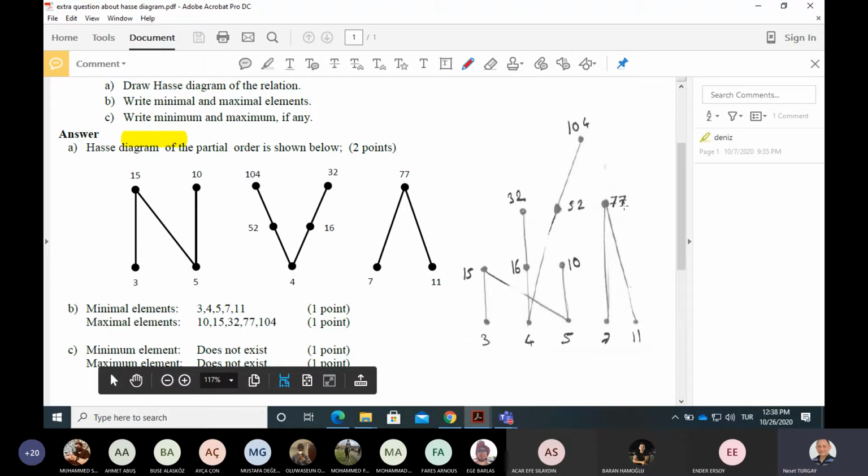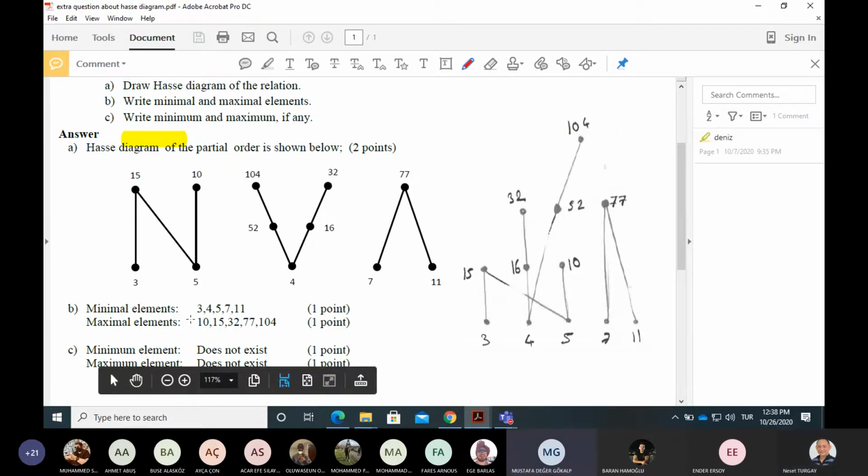So 77 is maximal, even though this guy and this guy are not on the same level. So this shouldn't confuse you. You should go through the definition. Why is 52 not maximal? Because it's less than one guy, 104. Do you understand?